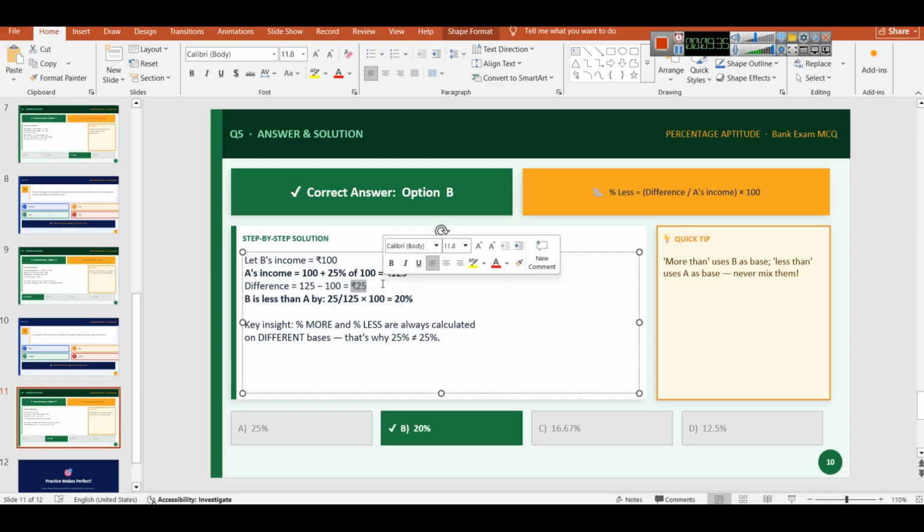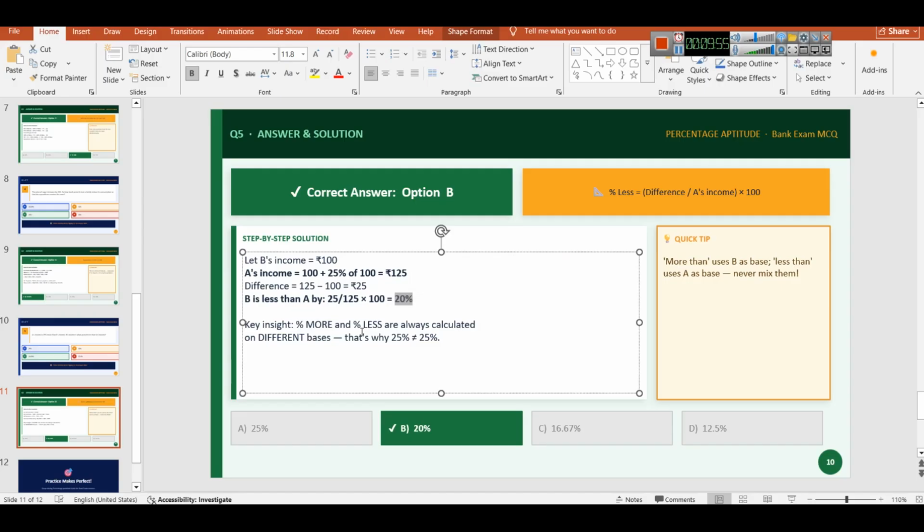The difference is 25. B is less than A by 25 by 125, because 25 is what percentage of 125? Simply, it is 20%.